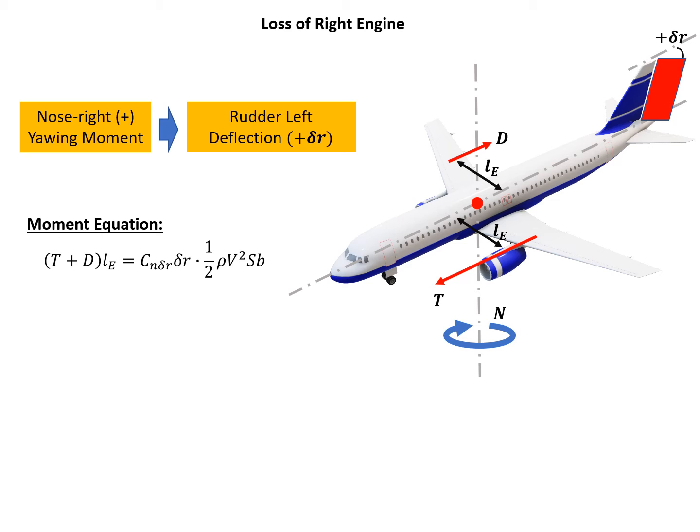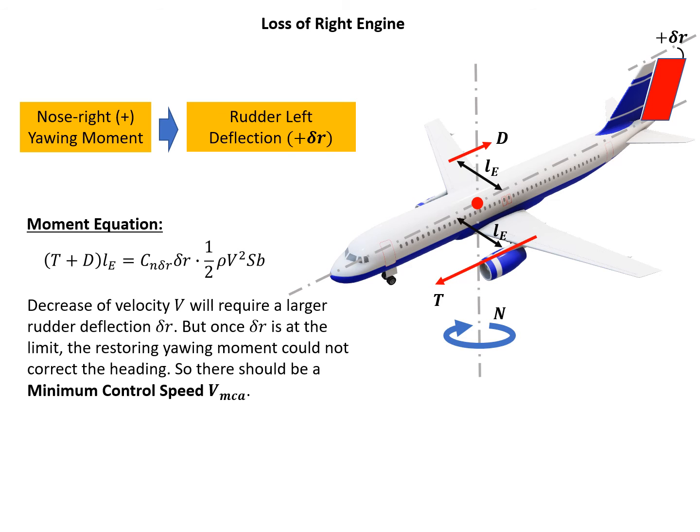Then the aircraft will require a larger rudder deflection angle, but the rudder deflection has a limit, it can't be deflected unlimitedly, so we must implement a minimum control speed. So this is what I want to say. There's a minimum control speed to allow the rudder deflection to stay within its deflection limit.